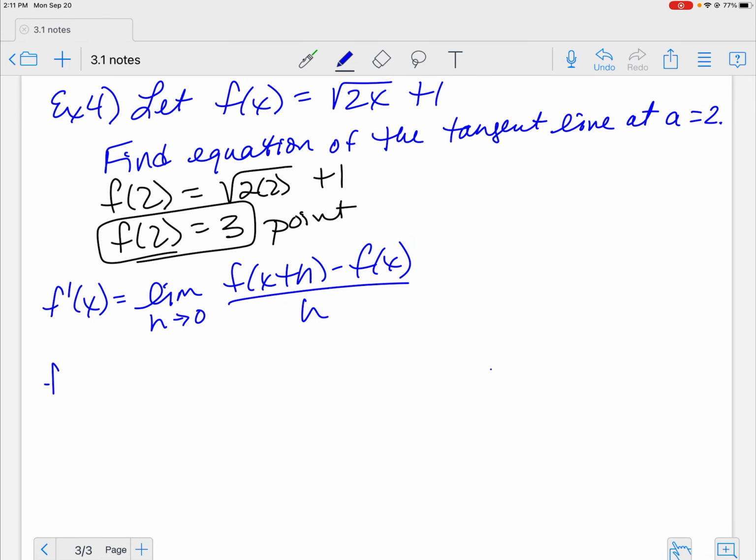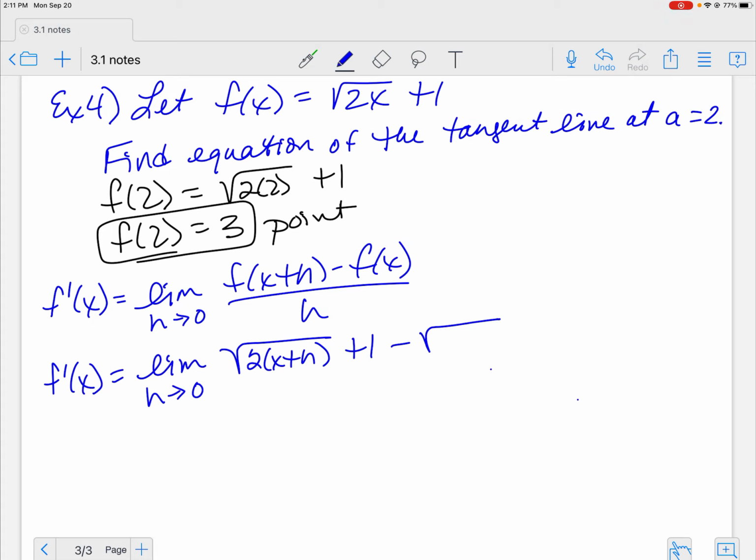Okay, let's do this. Finding the generic derivative. I haven't taken my limit yet, so we just have to keep writing it. This is the square root of 2 times x plus h plus 1 minus the square root of 2x plus 1. Make sure you put those parentheses around there so you can distribute all over h.